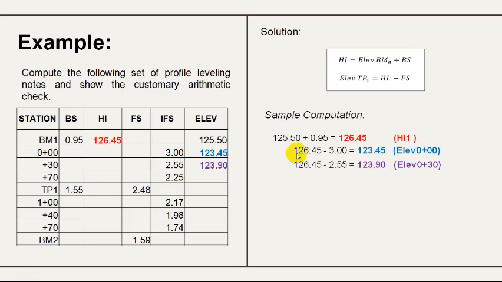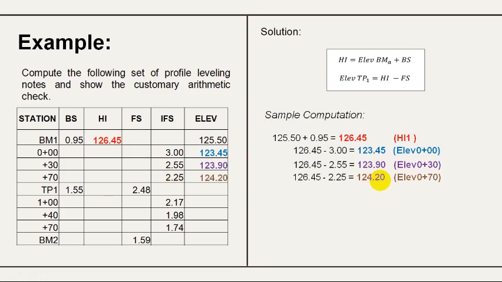And the same formula is used to solve the elevation of station 0 plus 70: 126.45 minus 2.25 meters. That will give us 124.20 meters.